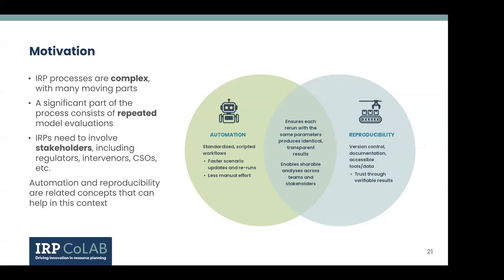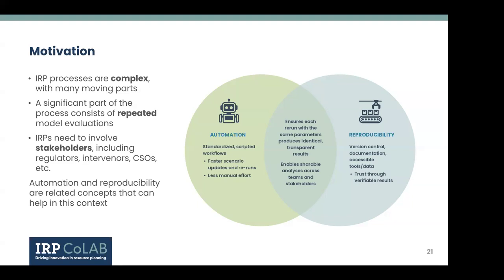And a final point in the motivation is that IRPs, of course, need to involve stakeholders, including always regulators, interveners, but maybe also other stakeholders, such as local communities or others that can have an influence not just on the planning process, but also on whether these plans actually come to fruition.